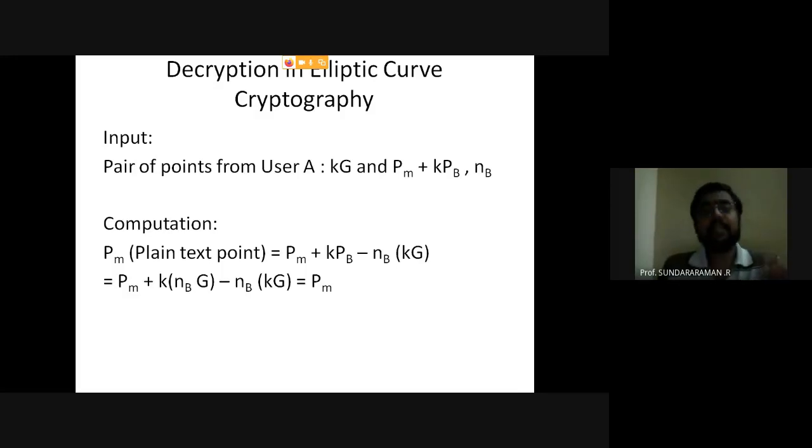Therefore Pm plus k into nB into G minus nB into kG. k into nB into G is equal to nB into k into G. Therefore both the expressions will get cancelled and finally you will get Pm, right?